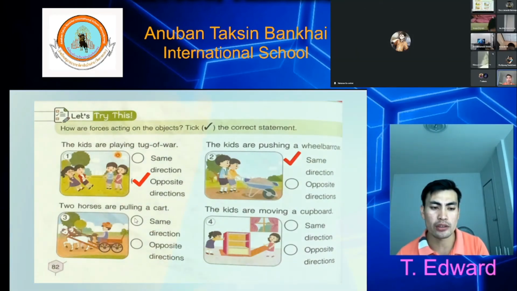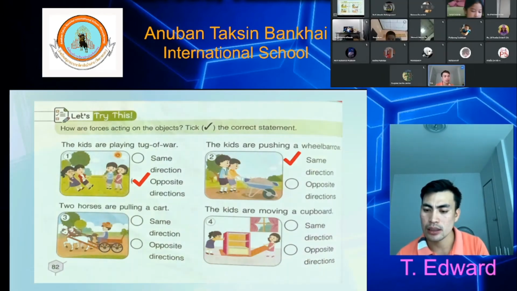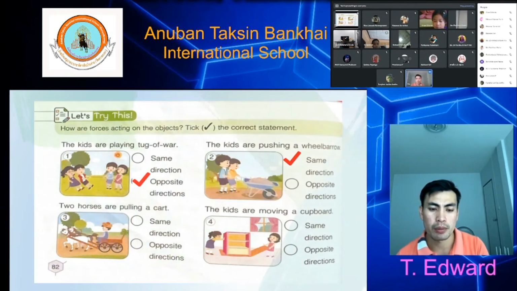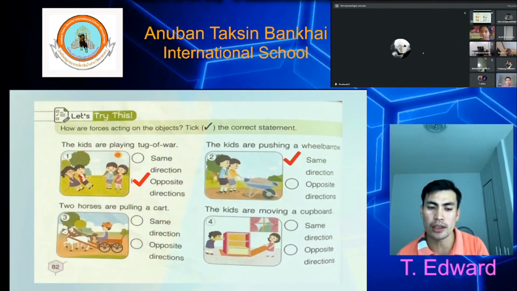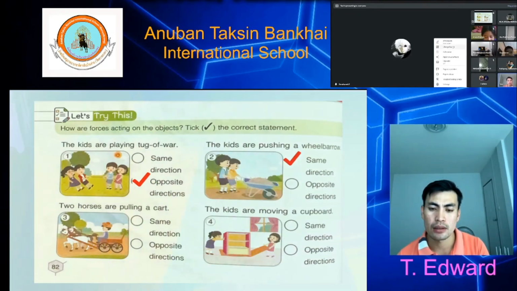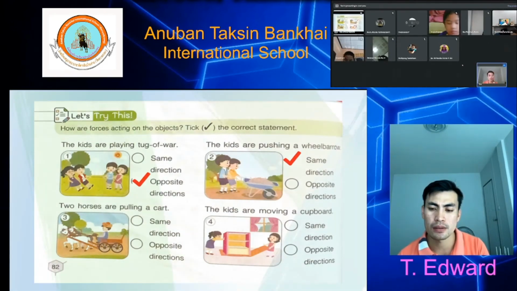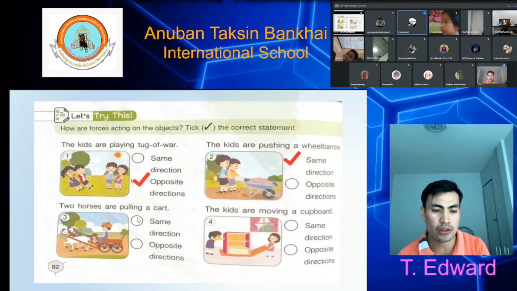Now let's call Natanan. Natanan, what's your answer for number 3? 2 horses are pulling a cart. Same direction or opposite directions? Natanan? Okay, Natanan is not here. Let's call on Punchanok. Punchanok, what do you think is the answer here?